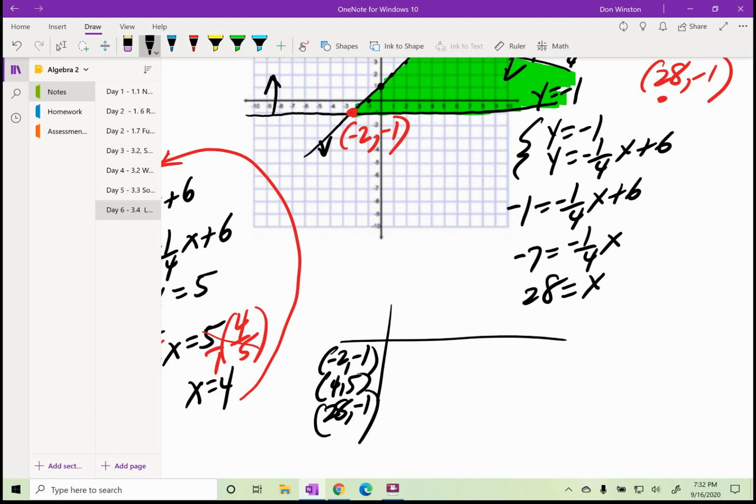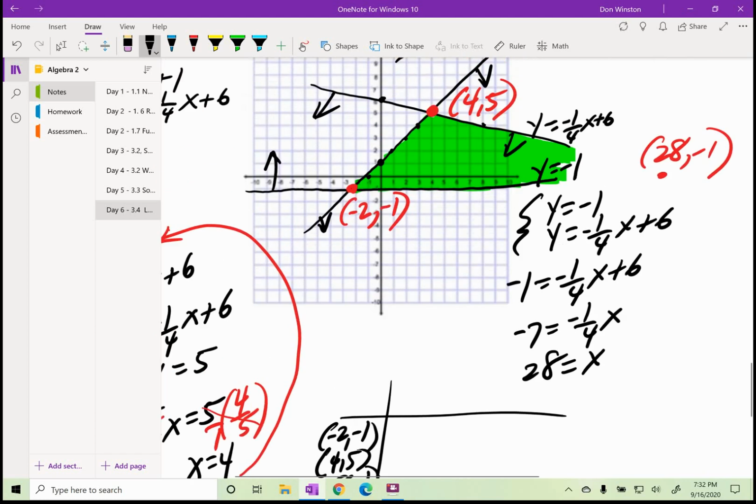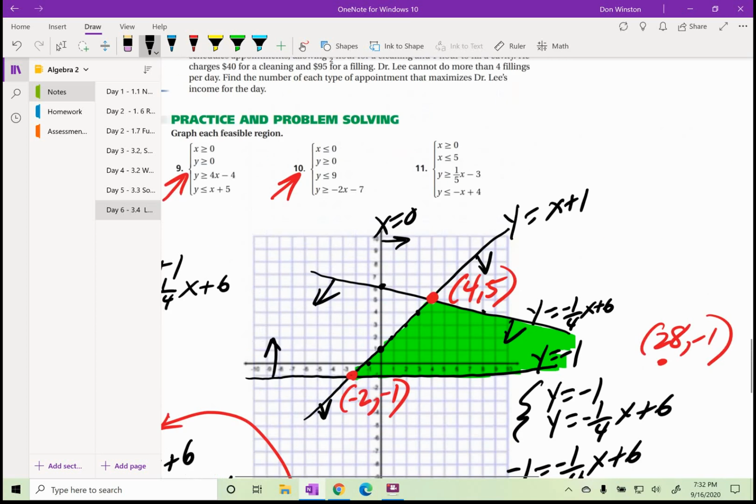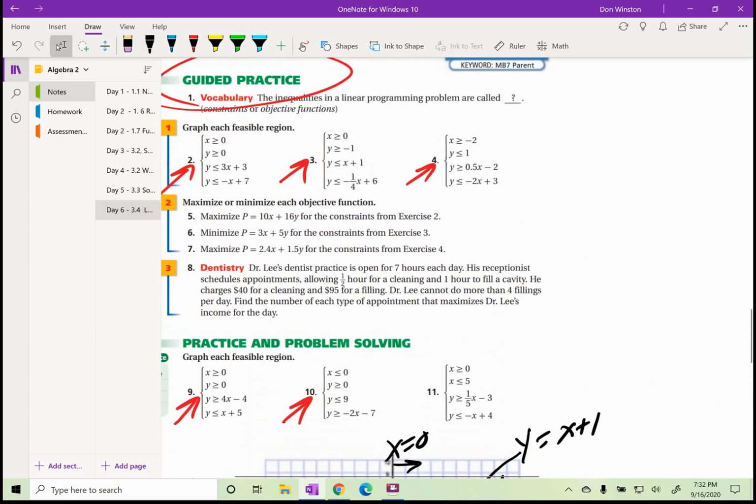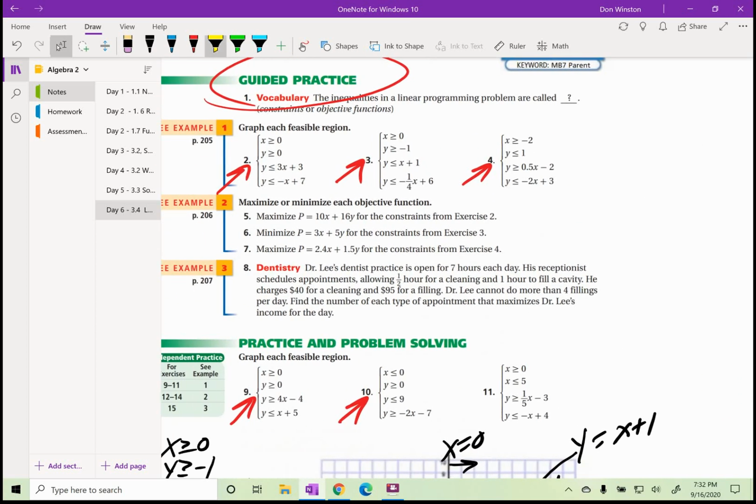Now all we have to do is plug them into the objective function. With the homework here, let me show you. The first thing I want you to do is graph the feasible region, and that's what I did. And then I found the corner points for number 3. You also have to do 5, 6, and 7, but they go together.